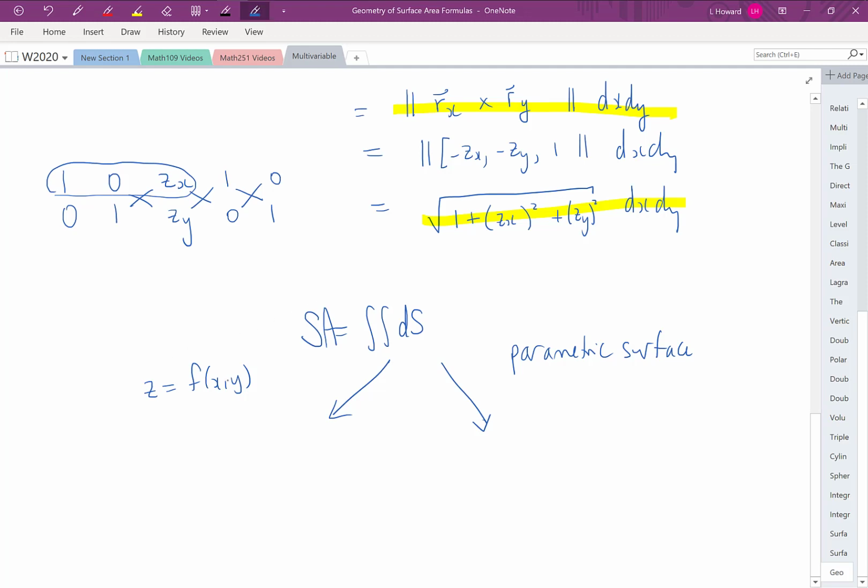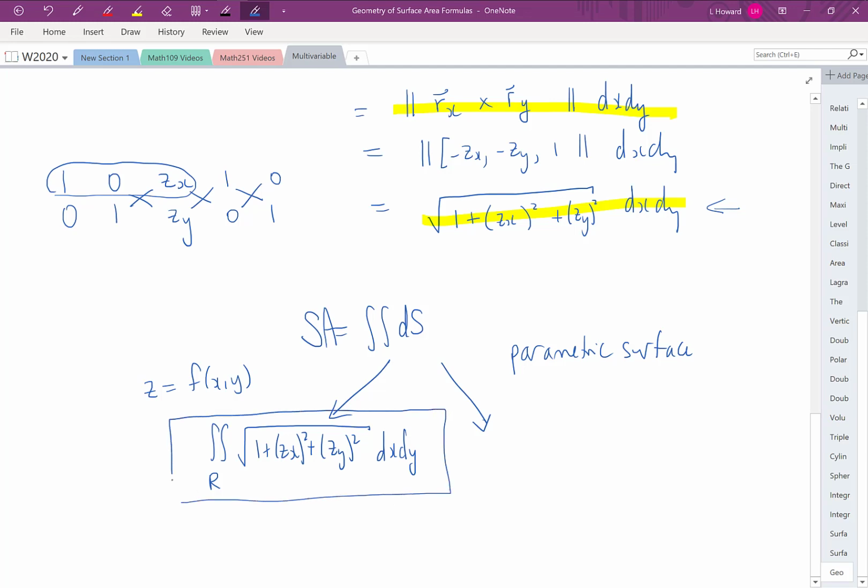So if z is equal to f of xy, we use the bottom version of ds here. And we say just integrate over the appropriate region the square root of 1 plus z sub x squared plus z sub y squared. And then at the back, you could just write dA, or you could write dx dy. So that's the most common situation for surface area, where you've just got z given explicitly.